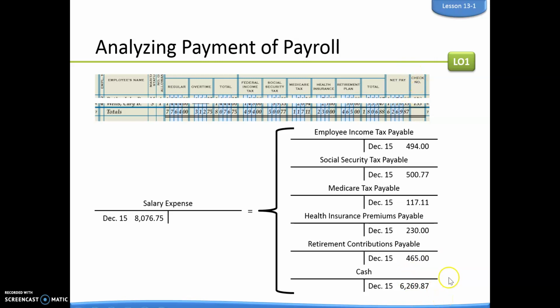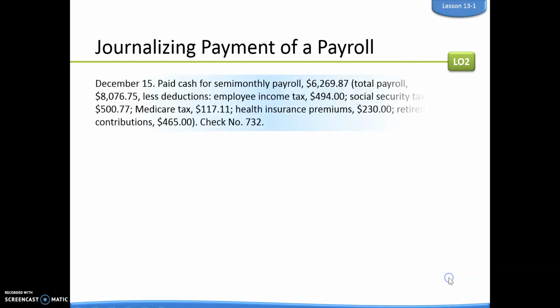Okay? So when we end up putting that in a journal, this is what it'll look like in MindTap. It'll give you this big old nasty thing. It'll say we paid cash for the semi-monthly payroll. So this right here, this is your net pay, what you paid cash for. Your total payroll is your salary expense, and then less all of the deductions.